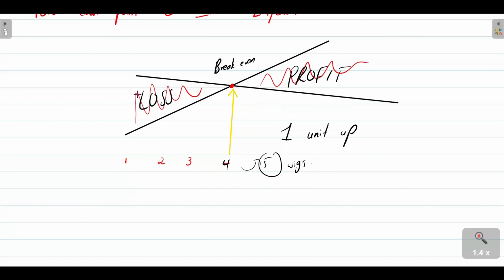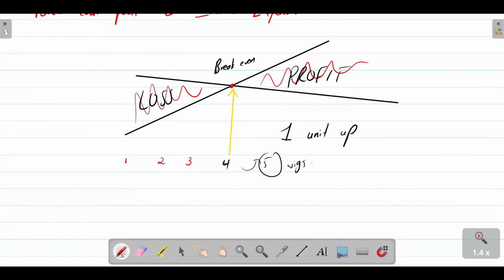So, for example, if these two graphs are representing, this graph is representing the income of a business, and then this graph is representing the expenses of the business.